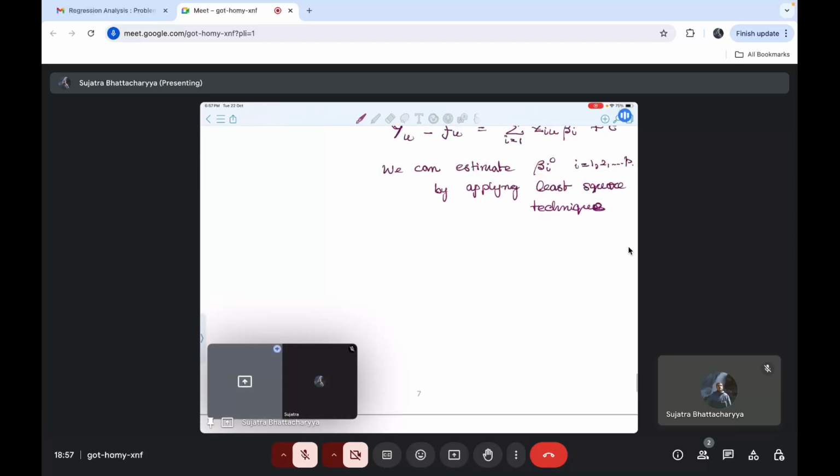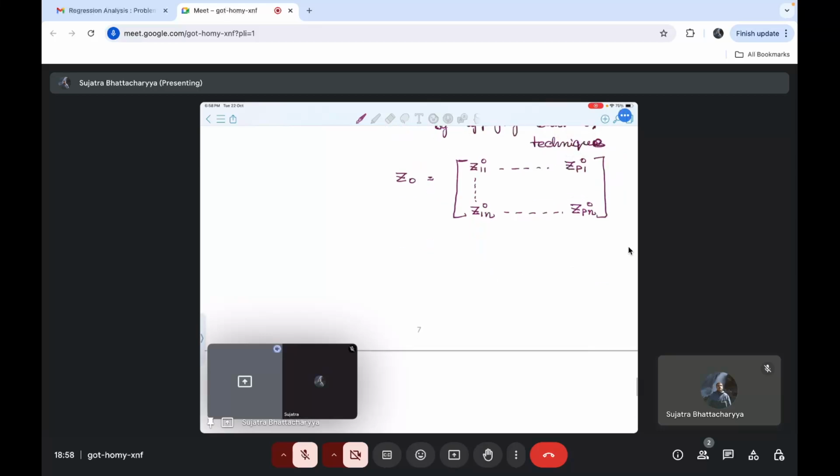Okay, so now your Z0 matrix becomes something like this: Z of first parameter, first observation, zeroth, where zeroth means the initial values. Similarly for Z of pth parameter, first observation, zero; then Z of first parameter, nth observation with zero value; and Z of p, nth observation with zero. That's all. Clear? So this is done.